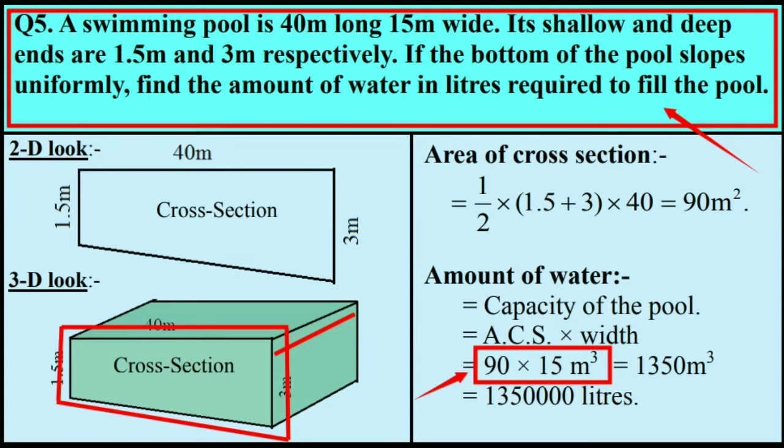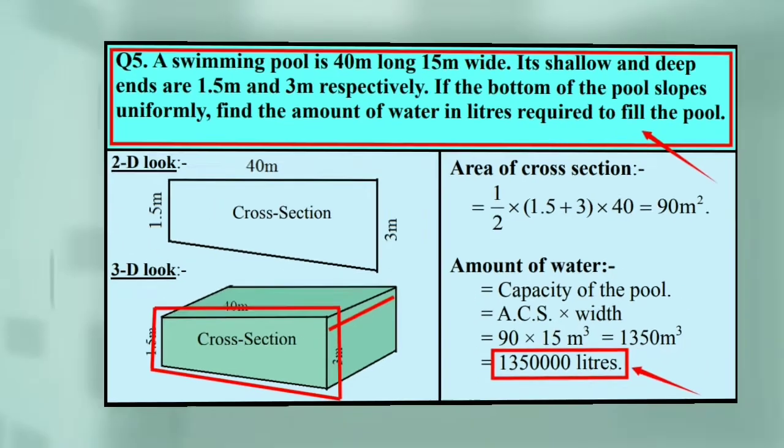The result obtained is 1350 cubic meter, and that is the volume of the swimming pool. It means this much amount of water is required to fill the swimming pool, and the same volume can be represented in liters if asked in the question, and the value is 135,000 liters.